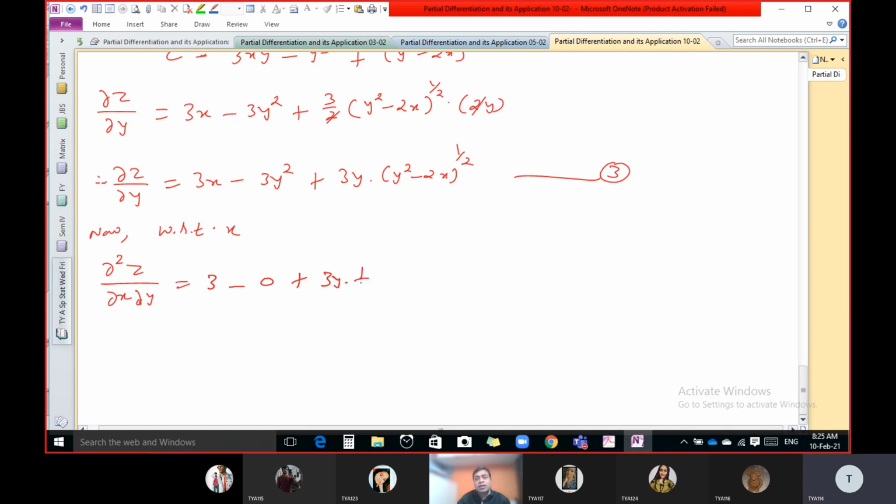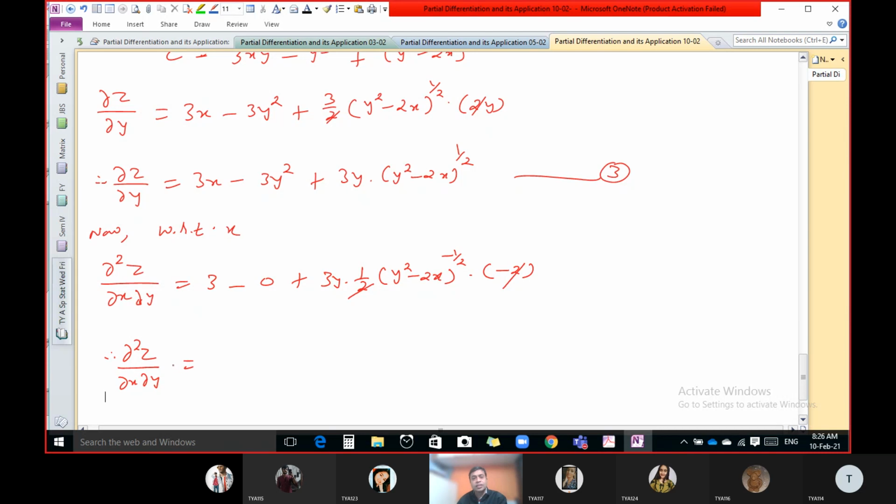Into 1 by 2 into y square minus 2x raised to minus 1 by 2, into minus 2, because derivative of y square is 0 and of minus 2x is minus 2, and you can cancel this 2 and simplify.